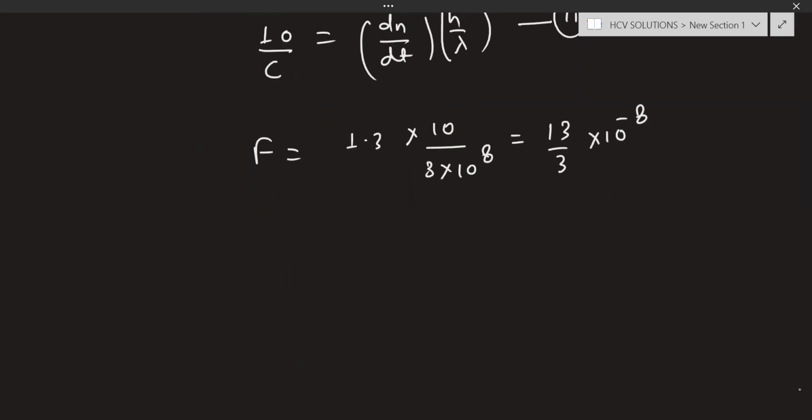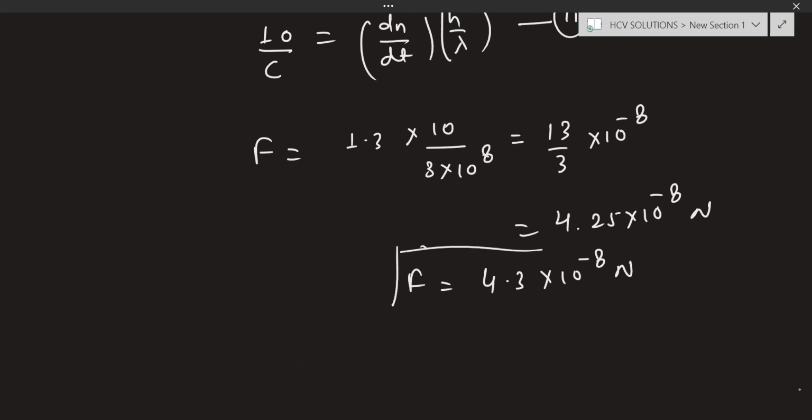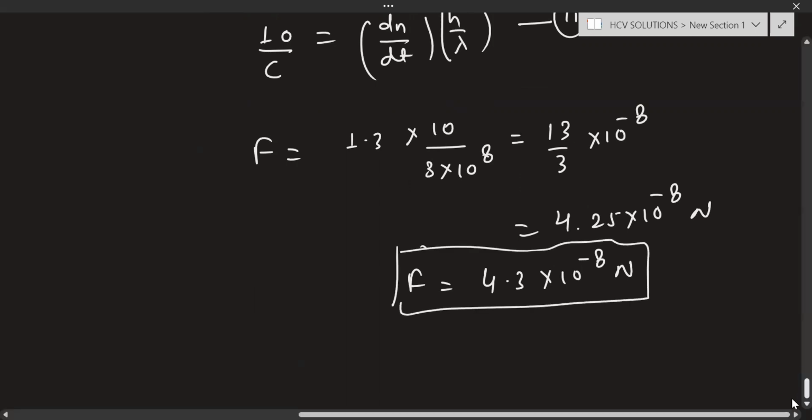So the force is approximately 4.3 into 10 to power minus 8 Newton. That is the force exerted by the photons on the surface.